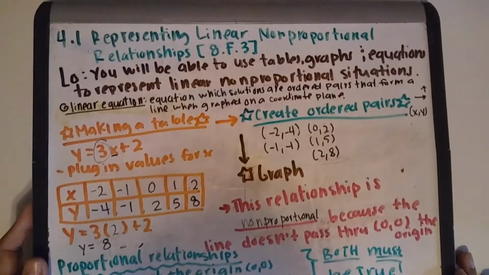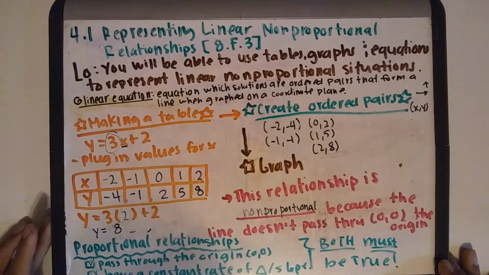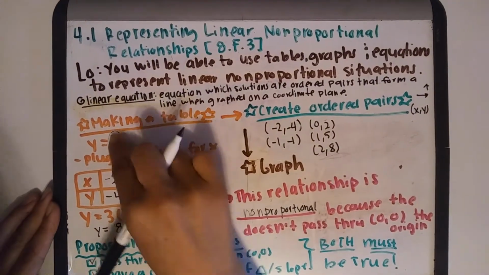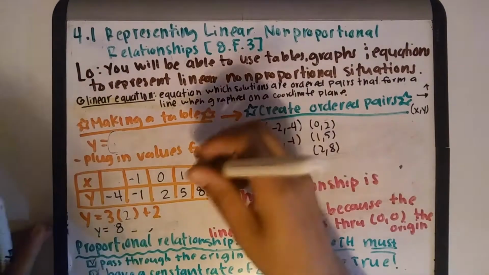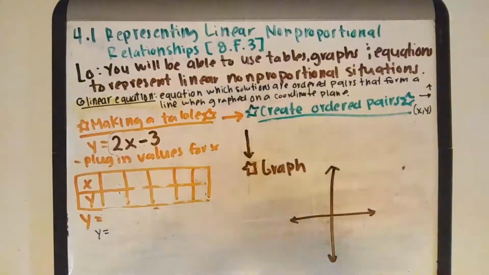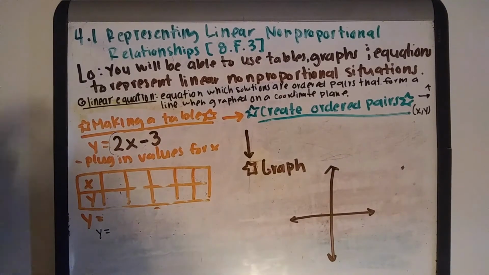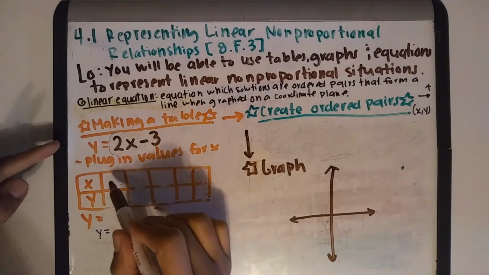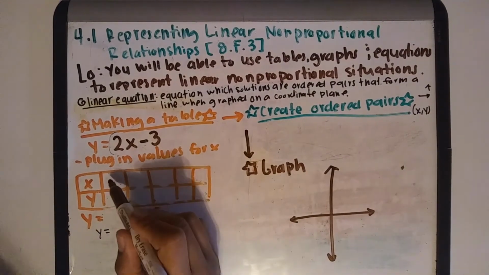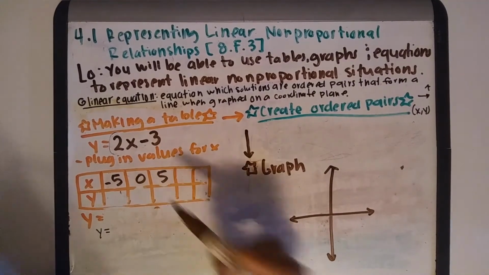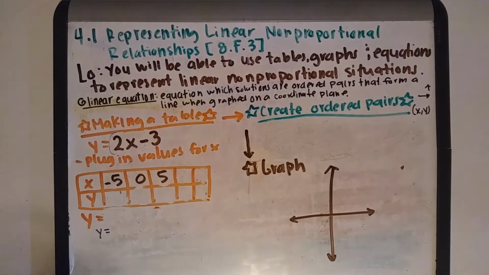So let me give you one problem to do, so you can plug that in here. This is the only one you're going to do. You're going to take this, create a table, and give me some ordered pairs. Remember, how do we do that? You plug in any values that you want. If you want to start with -5, then 0, and then 5, as long as you have 3 points, you should be fine.